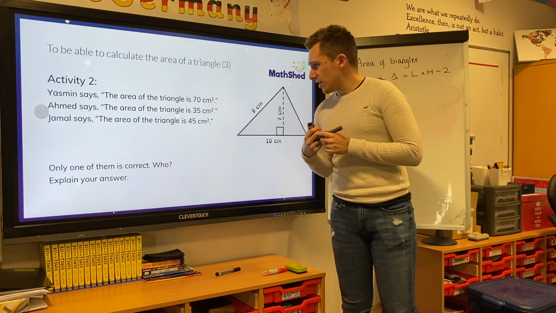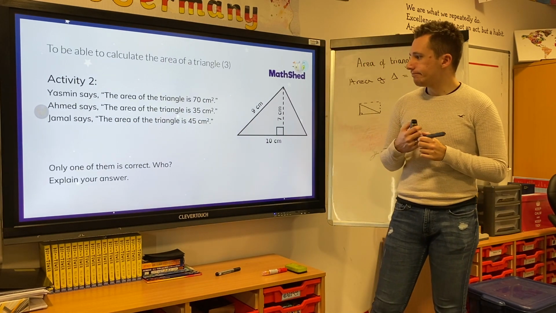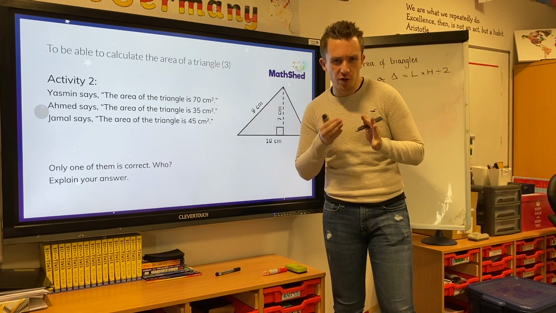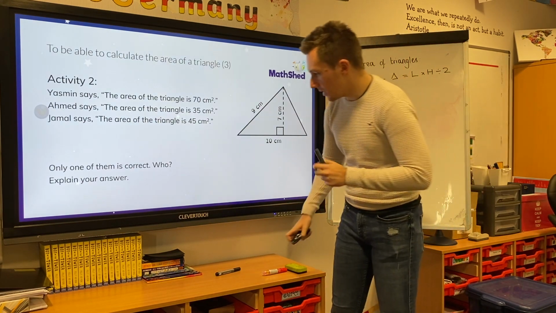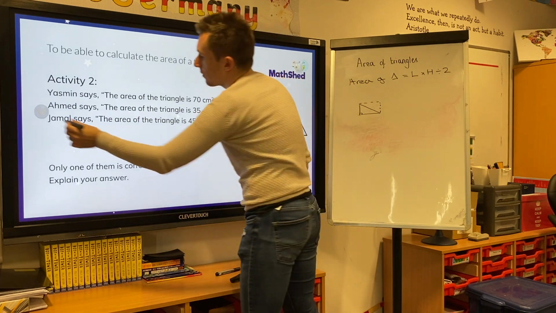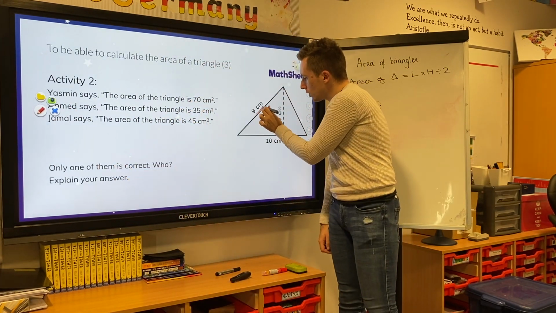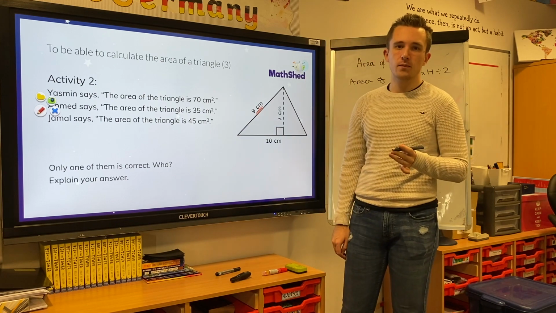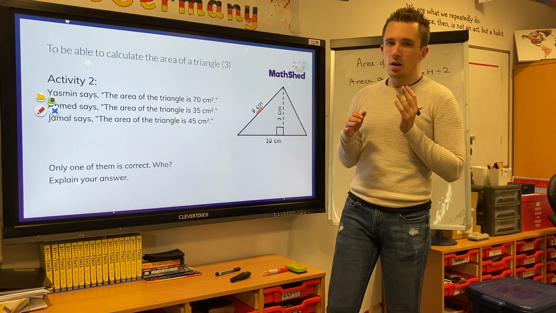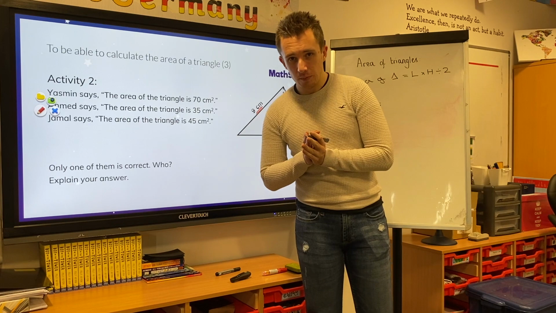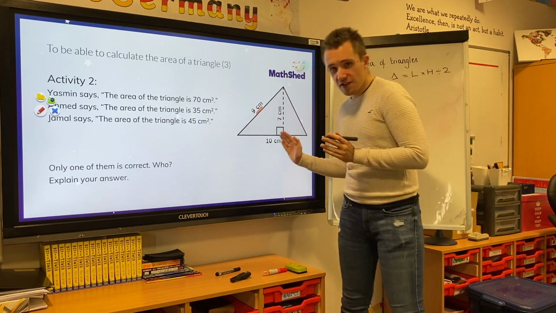Straight into activity 2. Now, this is where they start to throw something different in. Because this time, they've given us this side here. We don't need it. We need the height.